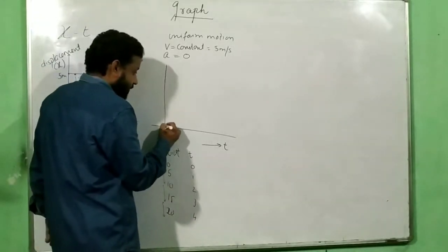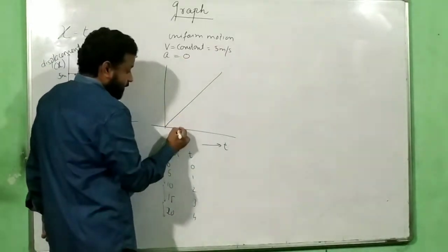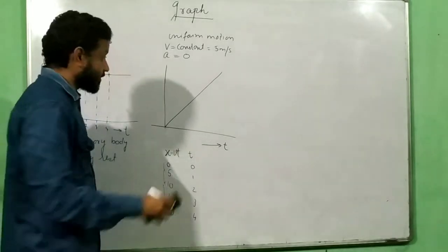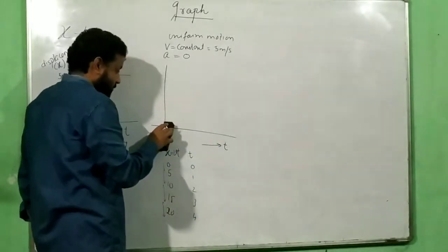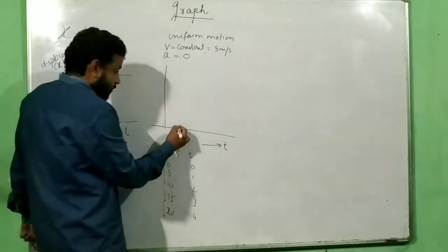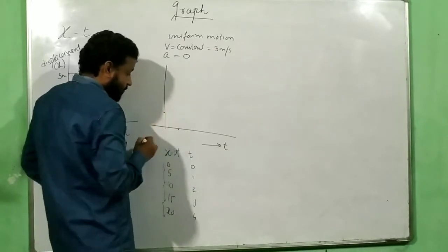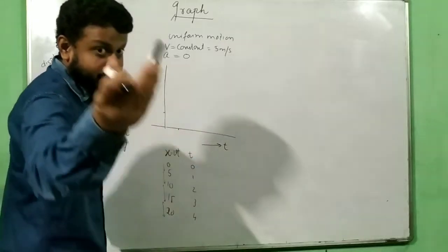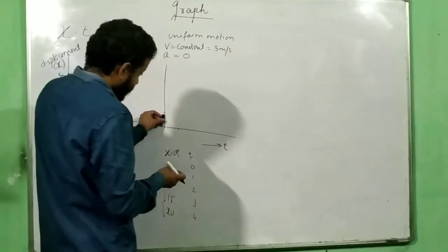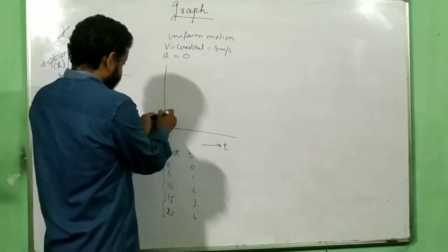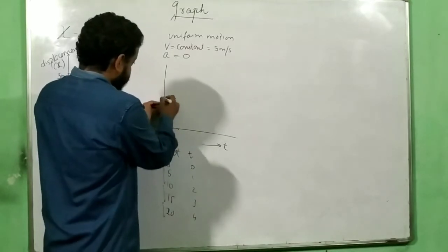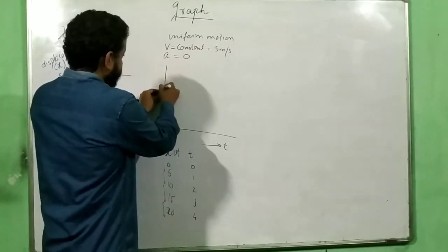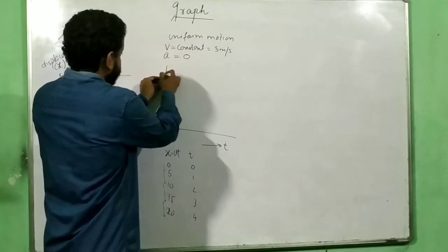So how does the graph look? The graph will look like this. You may be thinking, how do you know it looks like this? Let us say at 1 second it is 5 over here. I am just using this much of space. So this is 5, this is 10, this is 15, this is 20.